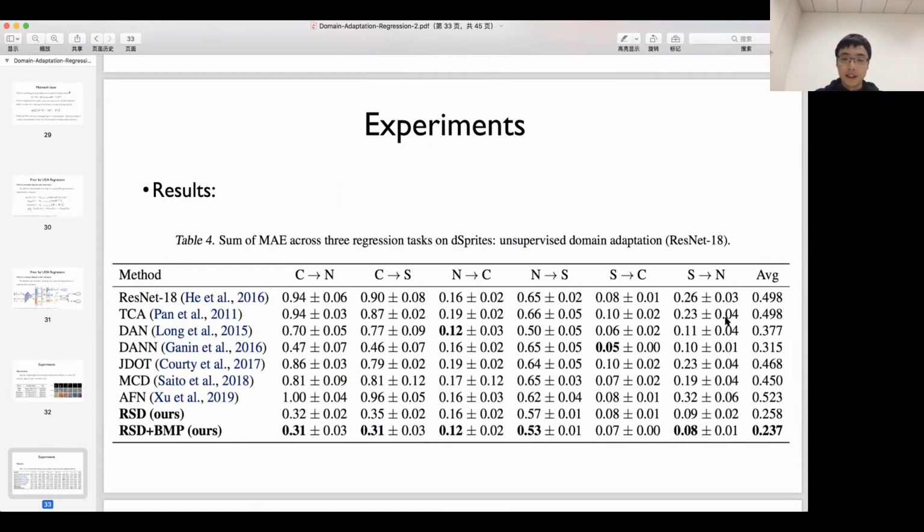We can find that these methods also work well for regression tasks, and our method outperforms them. The idea of AFN is to make the representation norm larger, so it does not work well for regression because the Fisher norm invariance is very important for regression tasks.